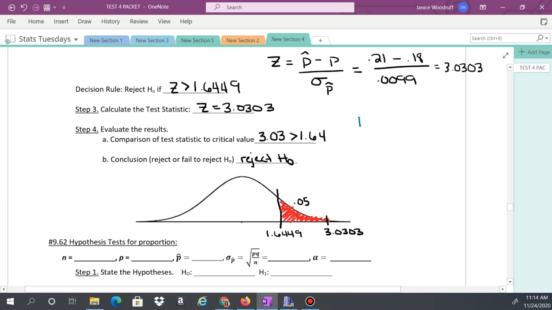P-value. Okay, you're going to go normal CDF. Okay, you're getting the area from here, this 3.03 to the right. So 3.0303, upper limit 99.